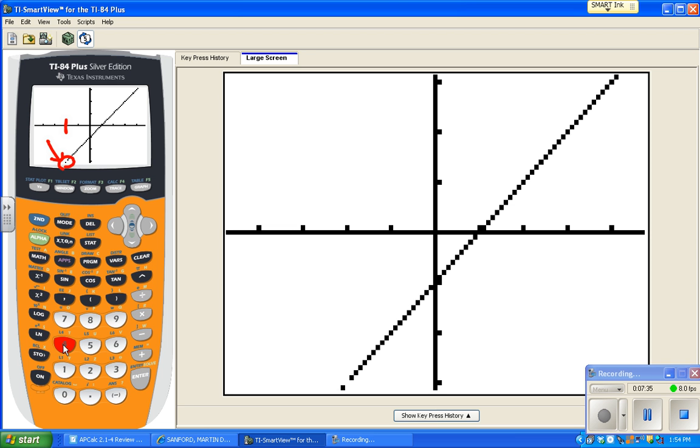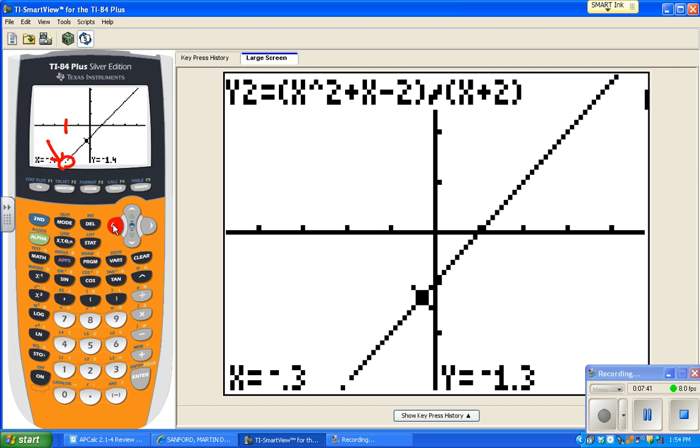And do you see the point that it is? Yeah, I don't either. Let's do just a little bit of tracing. Okay, and we're going to see. It's funny that I'm highlighting or annotating the smaller view. Sorry about that. Okay, so at x equals -1.9, the y value is -2.9.